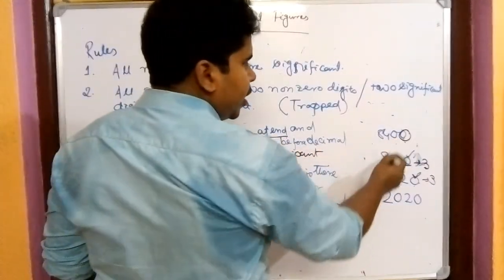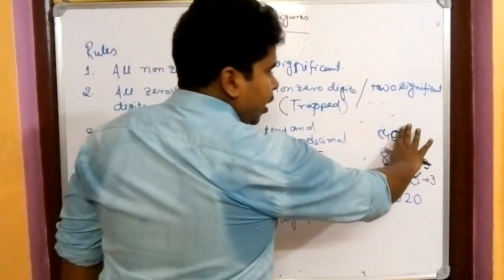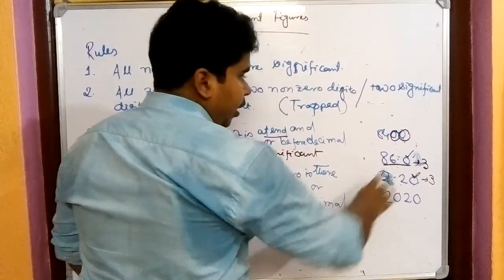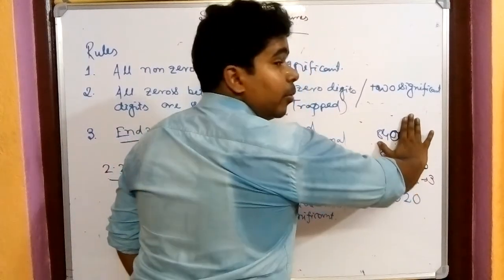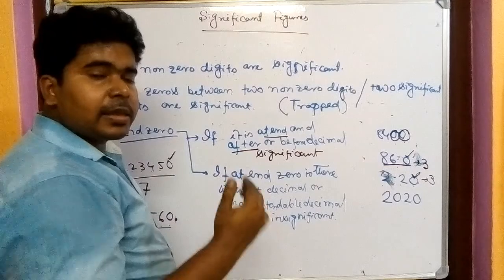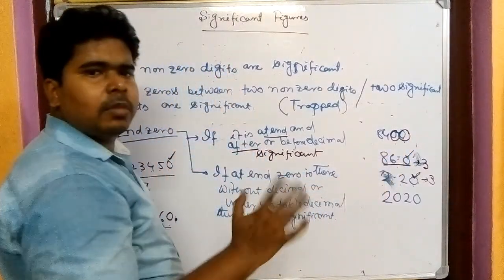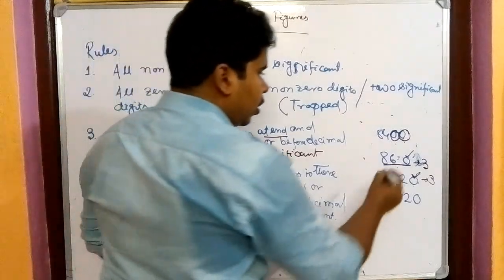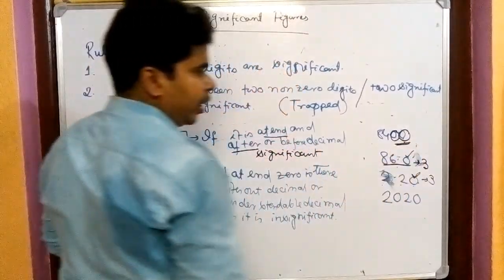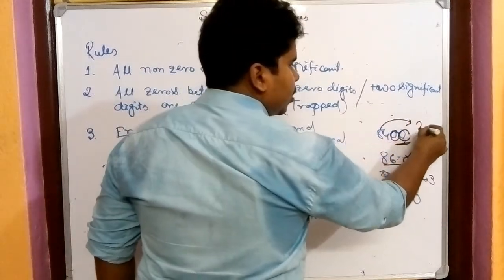Achha, if this 0 is insignificant, then very interesting thing: we are not thinking about this 0, we are thinking about the previous 0. That is the last then, and at the last, there is also no decimal sign. So that 0 is also insignificant. So here the number of significant digits is 2.